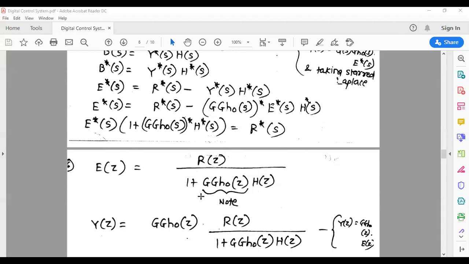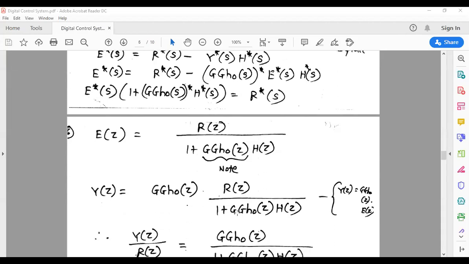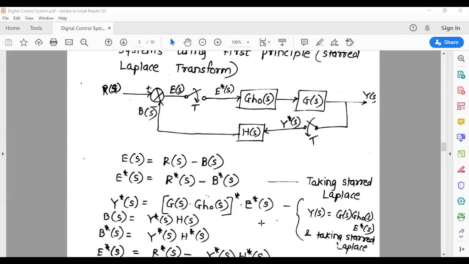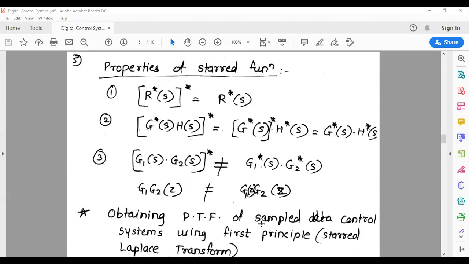So this will be your final equation, which will finally bring you to y of z by R of z equal to this, which is nothing but your pulse transfer function. The equation that we had written for the pulse transfer function was in terms of star, or it could also be in terms of the z function.